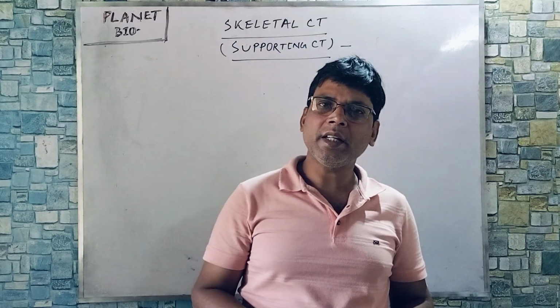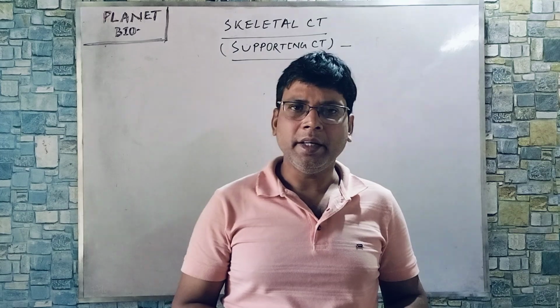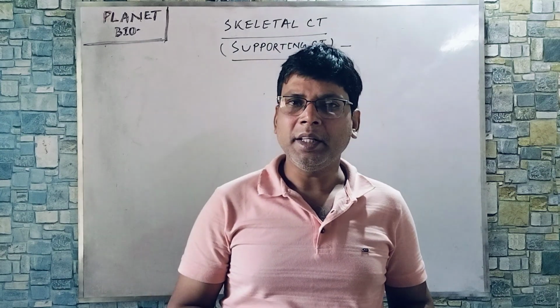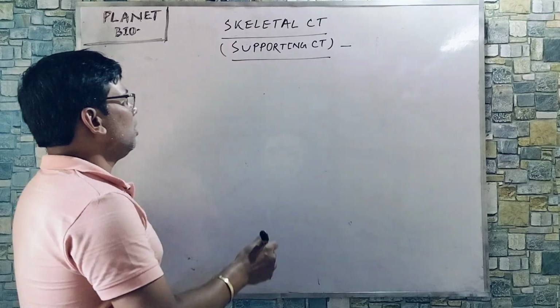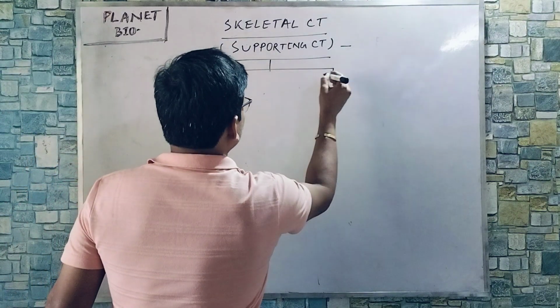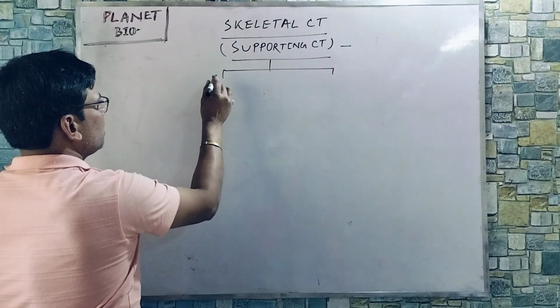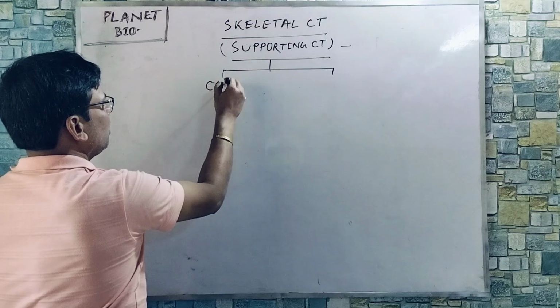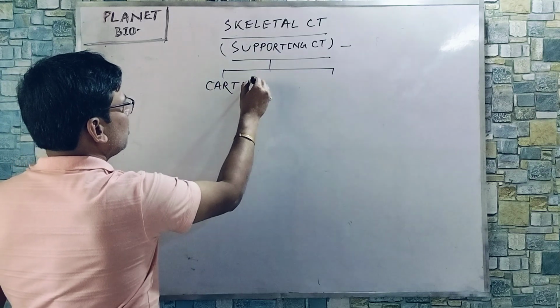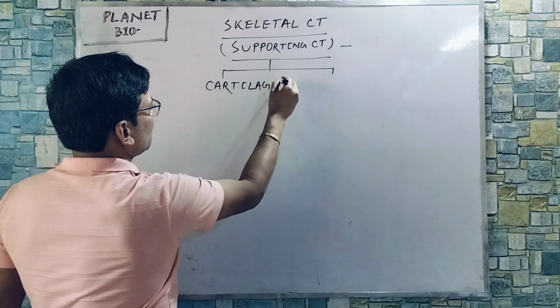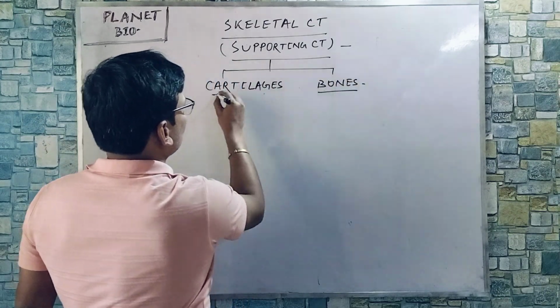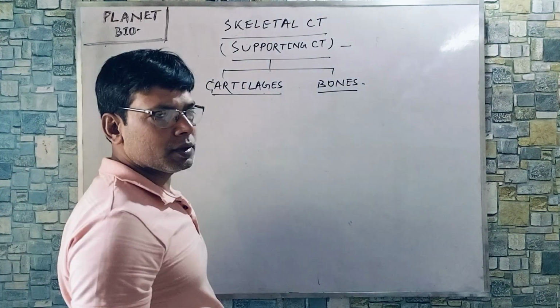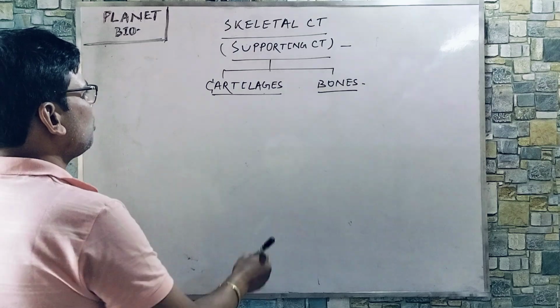It stores calcium and phosphorus, and it helps in movement, and it gives a definite shape to the body. Okay. So skeletal connective tissue includes cartilages and bones. Cartilages and bones.